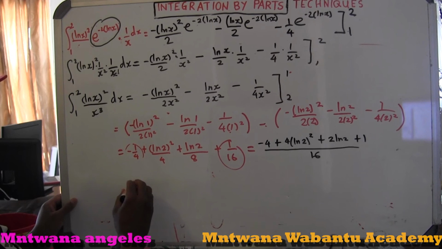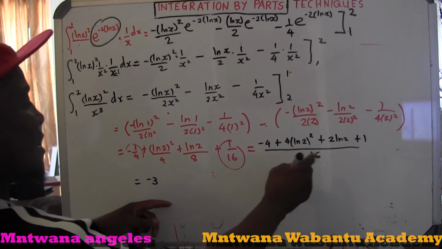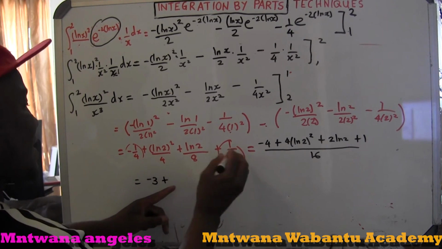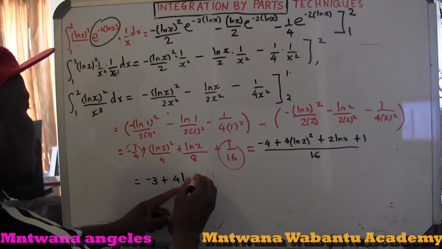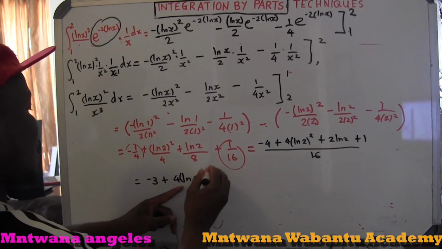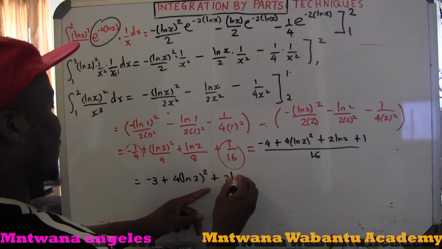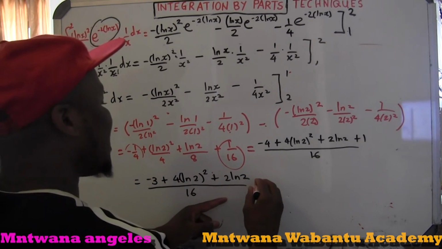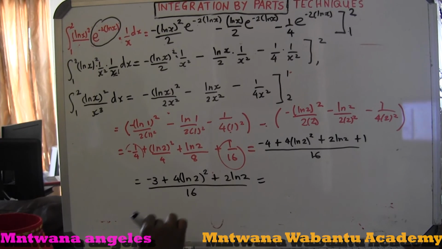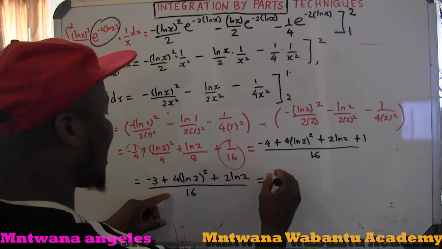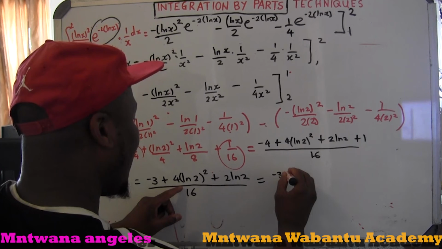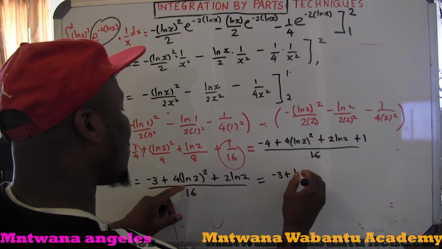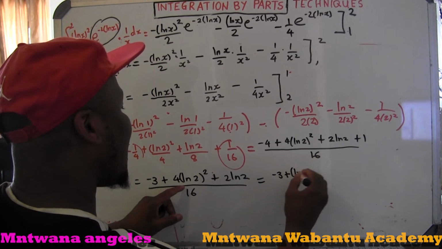So we're going to have negative 3, and then plus 4 ln of 2 squared plus 2 ln of 2, and then all of these over 16. So we're done already. I can just simplify, because we have ln of 2 in both terms. I can factor out ln of 2, since it's common to both.